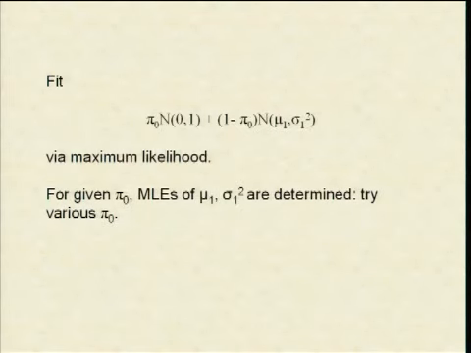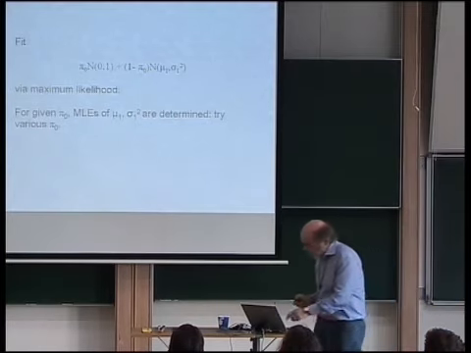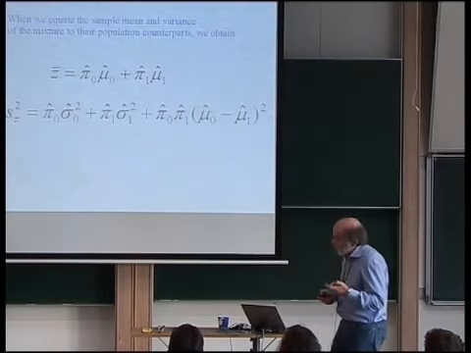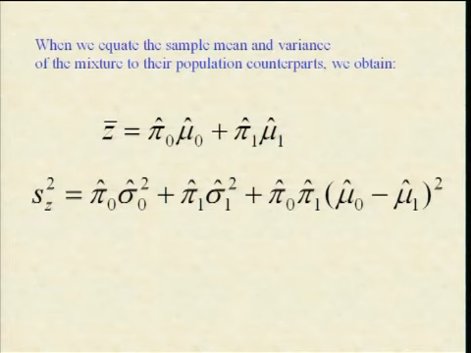So what we want to do now is to fit this two-component normal mixture model by maximum likelihood, because this is reflecting the null genes and this is the non-null genes. And we can do this very quickly because when you write down the maximum likelihood estimates for these parameters, they satisfy these moment equations.